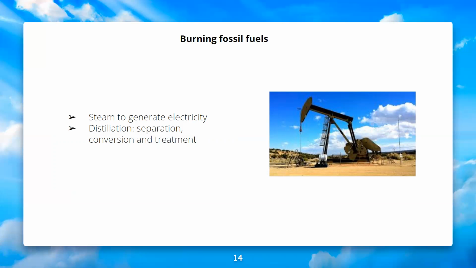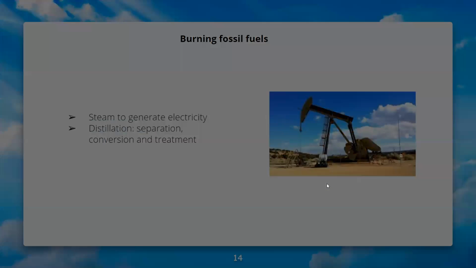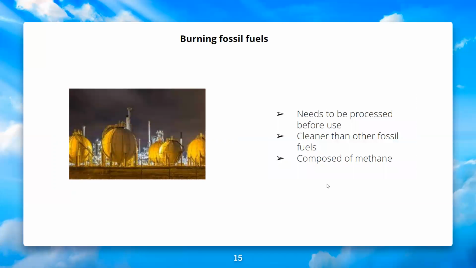Crude oil is refined into petroleum products through a process called distillation that has 3 steps: separation, conversion, and treatment. And natural gas, like oil and coal, needs to be processed before it can be used, since when extracted, it contains several components that need to be removed before its use.